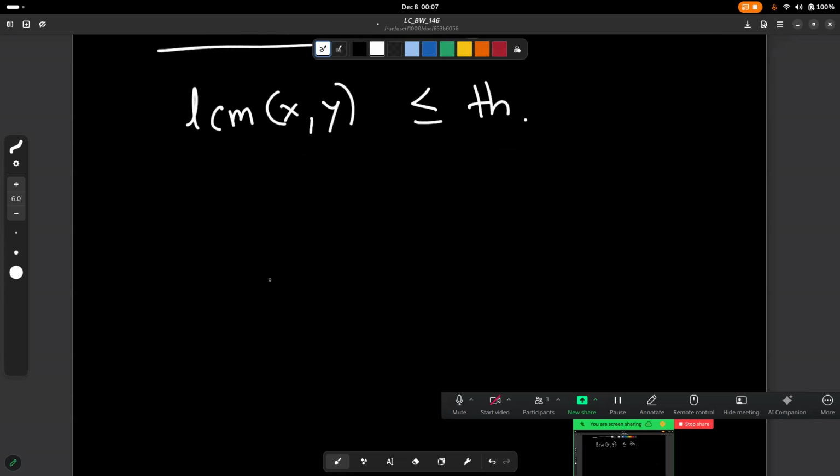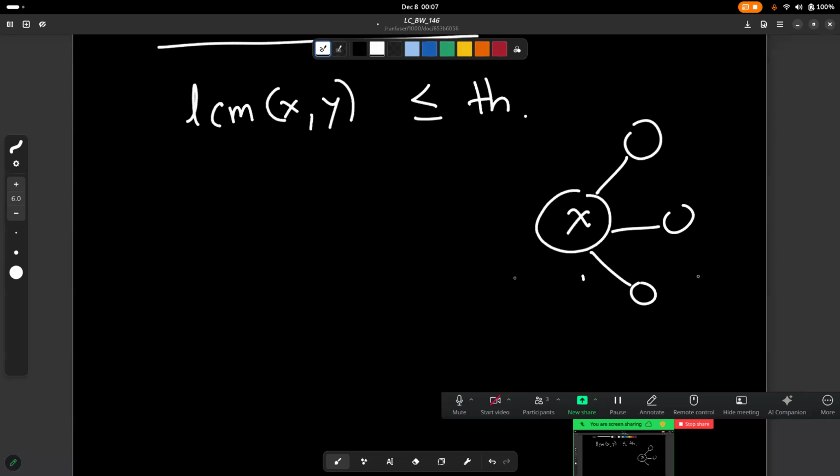So let's fix a node X, and let's try to see what the different nodes available to it are. I have fixed my node X, and let's try to put constraints on what my Y can be.